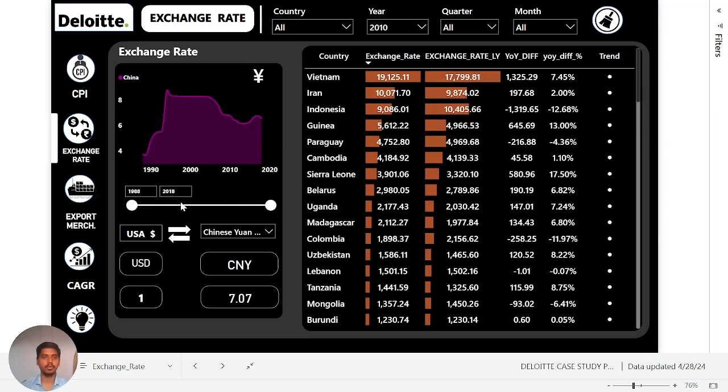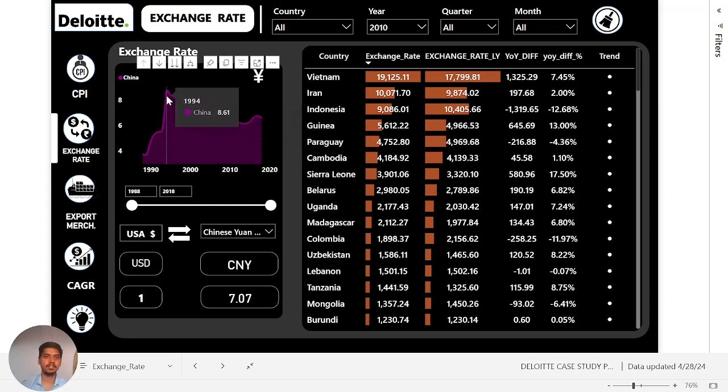And if you stretch the scroller bar, you can find how the exchange rate varied from 1988 to 2018. So you can find that in 1988 you needed to pay 3.73 Chinese yuan to buy one US dollar, which changed to 6.59 in 2018.